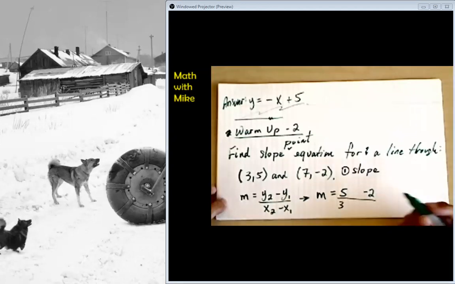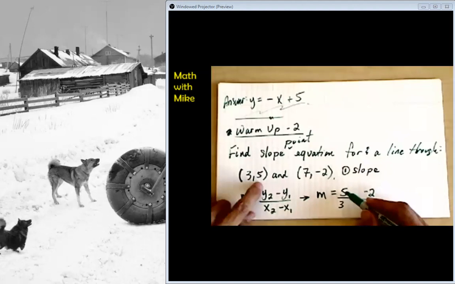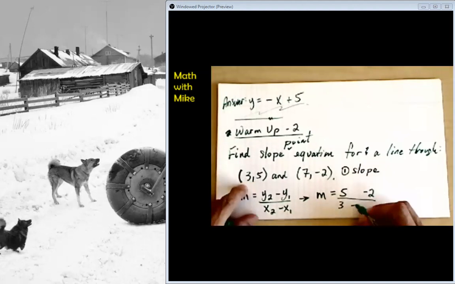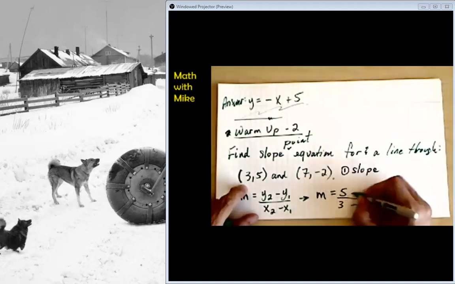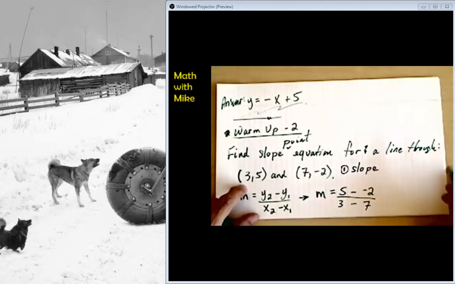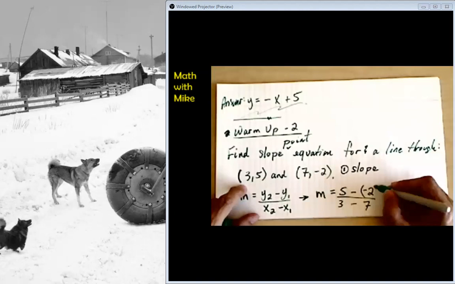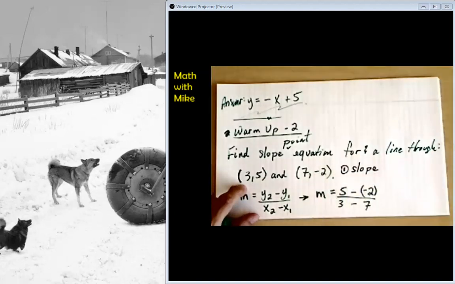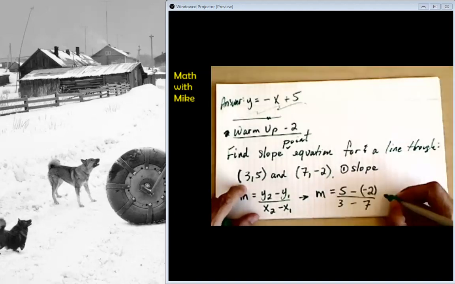Ah, see, these have to match. 5 and 3. Okay, 3 and minus 7. That's true. We should put minus again between 5 and 2. Perfect. So here should be 7 over 4 because the minus and minus is going to be plus.